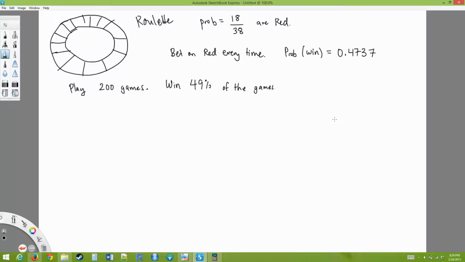And then somebody comes out, the pit boss, and says, man, you won 49% of the games, and according to the rules of probability, you should only be winning 47% of the games. I think you're doing something funny, and that's why you're winning. What would you say? It's only 2%. You'd say, well, I didn't win that much more. I just happened to get a little bit lucky.